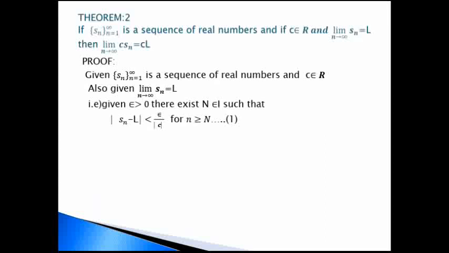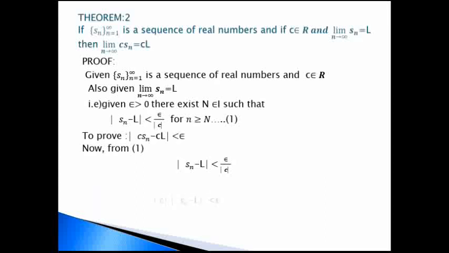We have to prove limit n tends to infinity C Sn is equal to C L. That is, to prove modulus of C Sn minus C L is less than epsilon. From equation 1, we get modulus of Sn minus L less than epsilon by modulus of C. When we take the denominator term from the right side to the left side, it will change to a product.